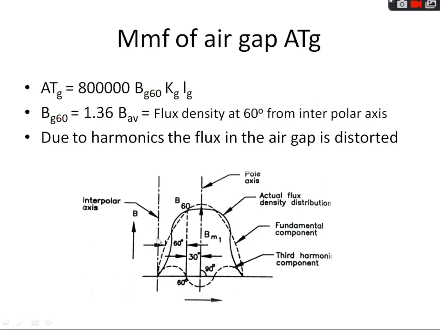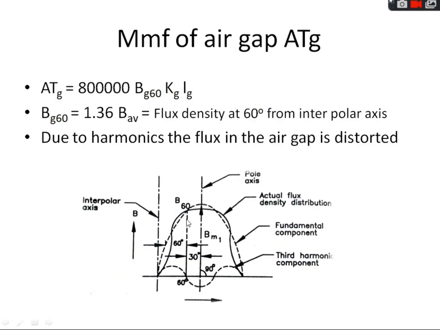This is due to the fact that the AC system basically consists of a large amount of harmonics. The third order harmonic is more predominant as compared to the other order harmonics. So if the fundamental frequency flux and the third harmonic flux are added, we get the actual flux density curve, which is more flattened rather than sinusoidal.